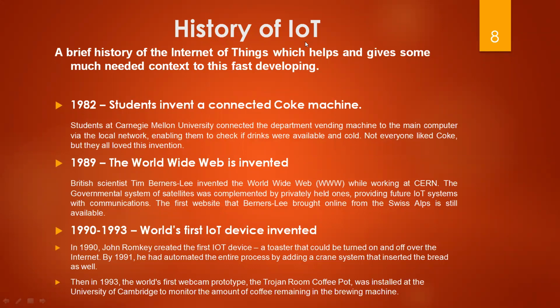By 1991, he had automated the entire process by adding a crane system that inserted the bread as well. Then in 1993, the world's first webcam prototype, the Trojan Room coffee pot, was installed at the University of Cambridge to monitor the amount of coffee remaining in the brew machine.